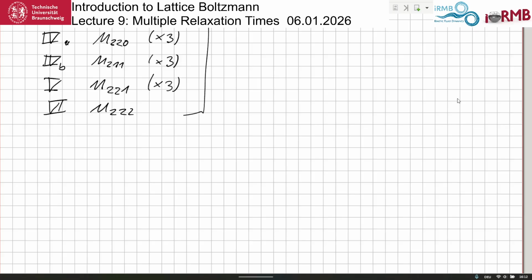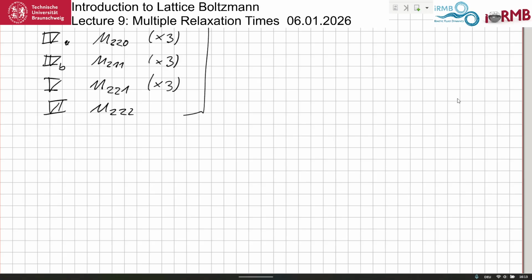So I mentioned that this pressure moment was an isotropic moment, right? What I meant by this is that in any orientation of our coordinate system, it would always come out as the same moment. This is obviously not true for all of them.